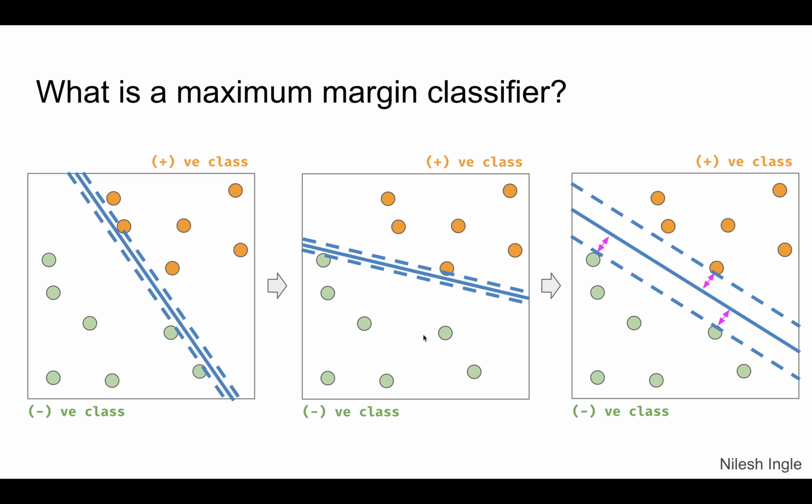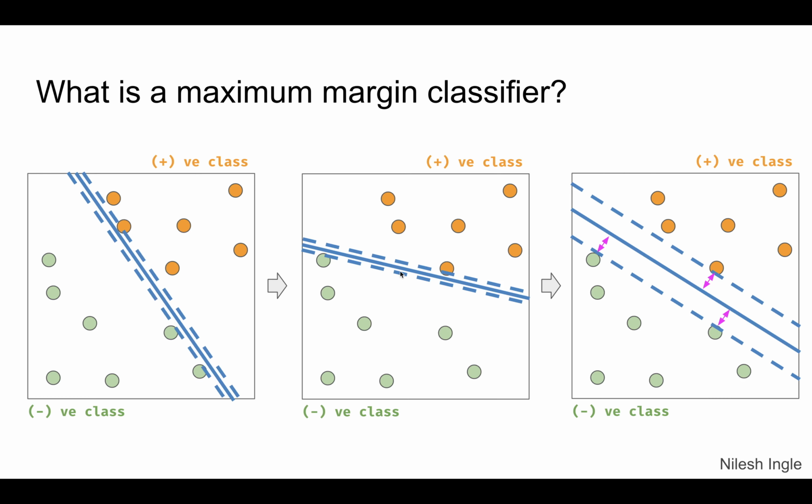So what's the intuition behind a maximum margin classifier? As we saw before, we could draw hyperplanes in various positions. If we draw hyperplanes as shown in the leftmost figure, we see that the margin is very narrow because the dotted lines are very close to the solid line.